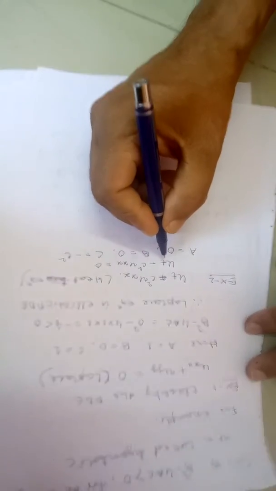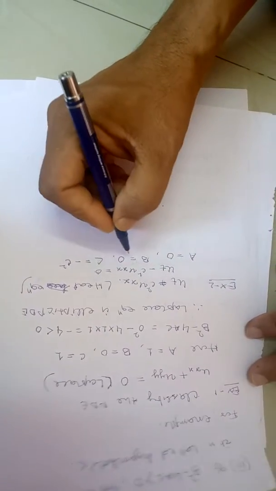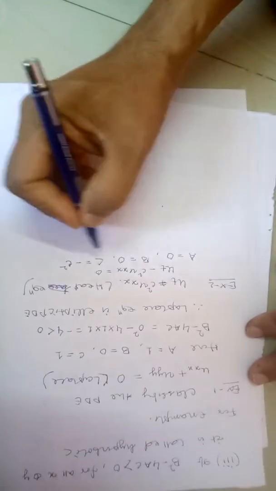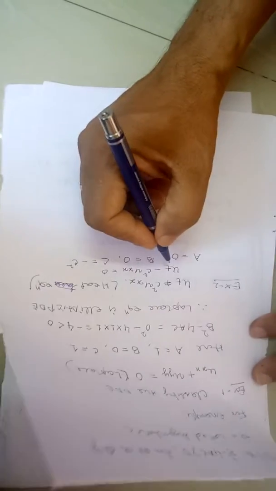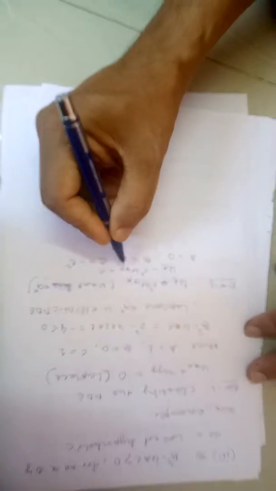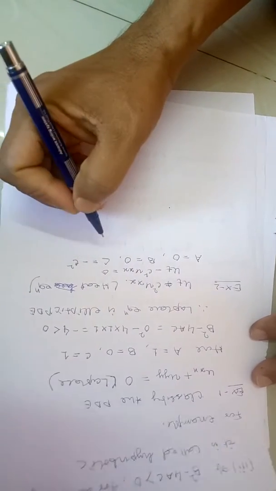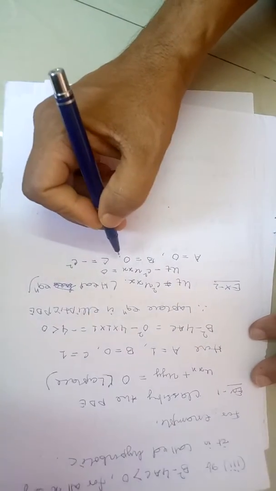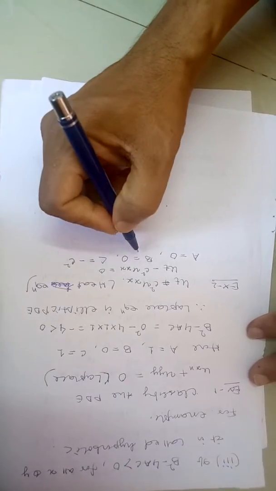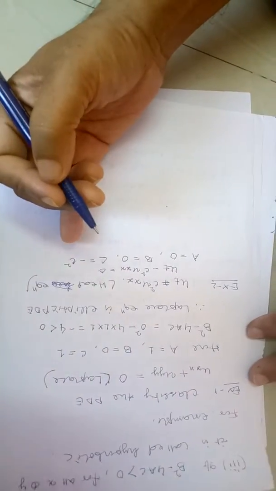So the coefficient of utt we can consider as a, the coefficient of uxt will be b, and the coefficient of uxx will be c. Here the coefficient of utt is not there, the coefficient of uxt is not there, only the coefficient of uxx is there, and so we will consider it as minus c square. But in another way also you can take a equal to minus c square, b equal to 0, and c equal to 0. In both cases you will get the same result.